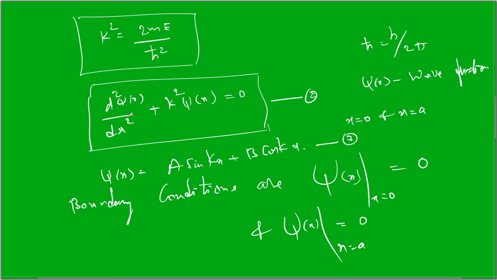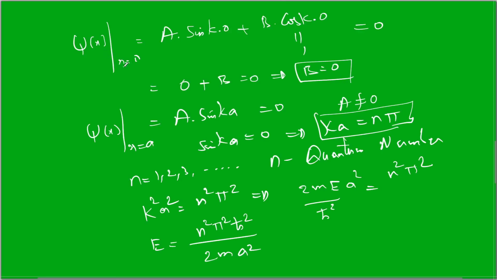And we have written a solution for the differential equation that has some oscillatory behavior. So we have written psi of x as a sin kx plus b cos kx, where a and b are arbitrary constants. We have obtained these constants by applying the boundary conditions that are psi of x at x is equal to 0 is 0 and psi of x at x is equal to a is 0.